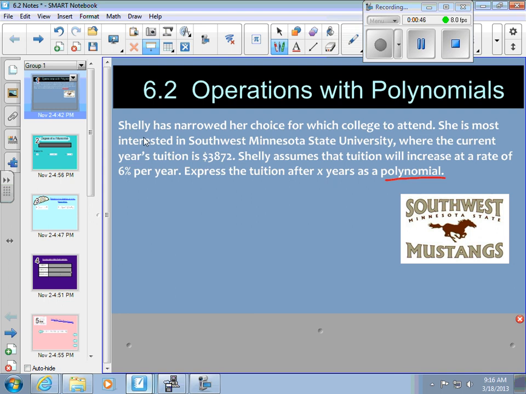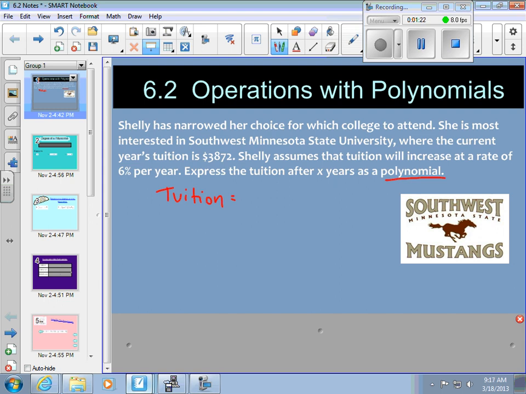So on this one, her tuition, she's for sure going to pay the price to start with here, $3,872. The next year, it would increase by 6%. So she would pay that $3,872 times 6%, and that would be added on. So every year that rate gets added on to the next year's cost.